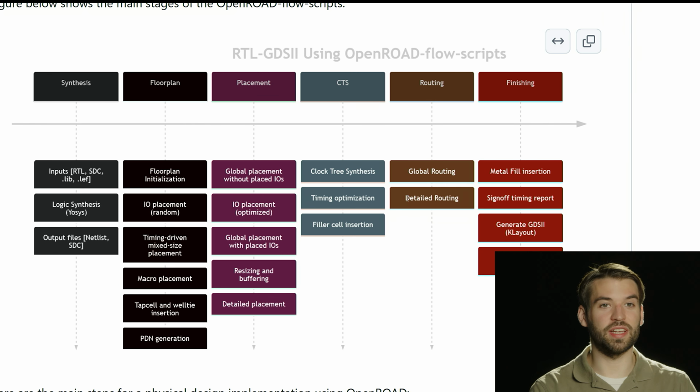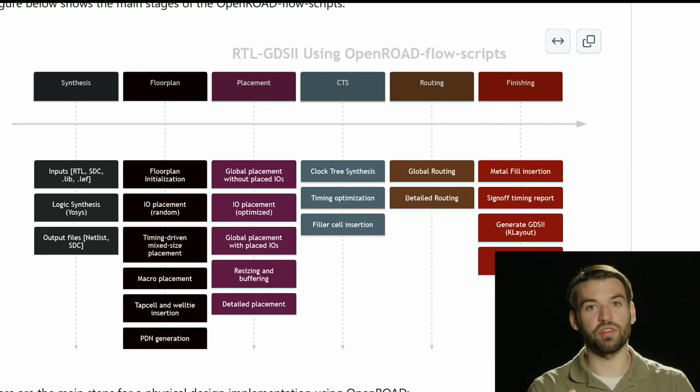In the technology file, when you load your LEF file, there's a whole bunch of rules on how you're allowed to route wires. Detailed routing will try to follow all of those rules while still connecting all of your instances together.